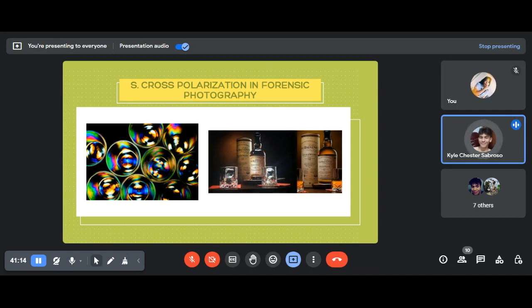Cross polarization of the camera filter and flash can be established by holding a piece of linear polarizing acetate in front of the camera lens, oriented in the same direction as the acetate over the flash head. Turn the circularly polarizing filter until maximum darkness is observed.